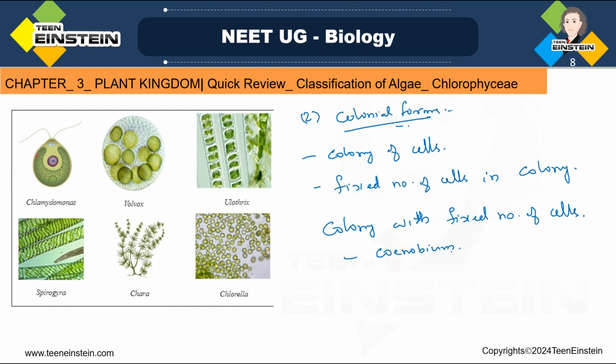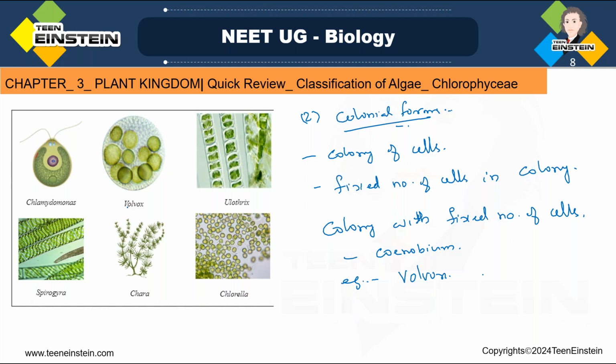Here, an example for cenobium is Volvox, which is an example for a colonial form of green algae. Some green algae are found in colonies and form a colony of cells.